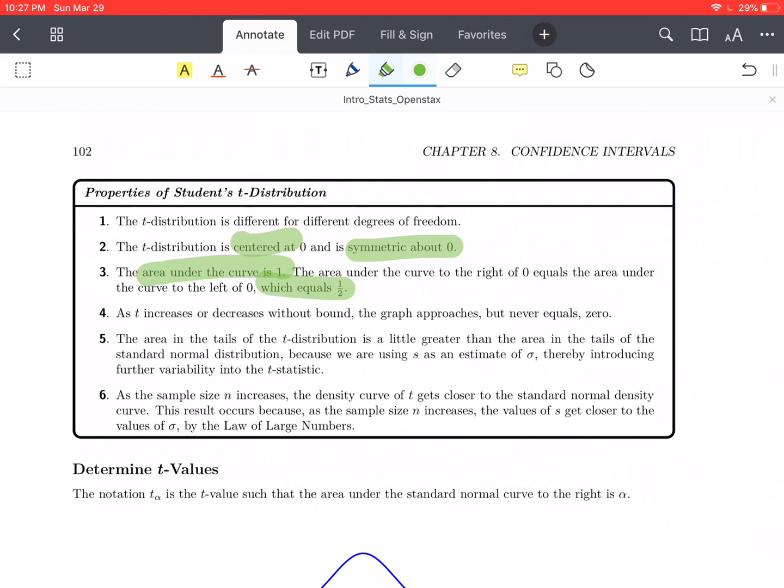It's asymptotic, so it never actually hits the x-axis. The area in the tails is a little greater than the area in the tails of the standard normal distribution, because we're using an estimate. We're using the t statistic instead of z. And as the sample size increases, we get closer to the standard normal density curve.